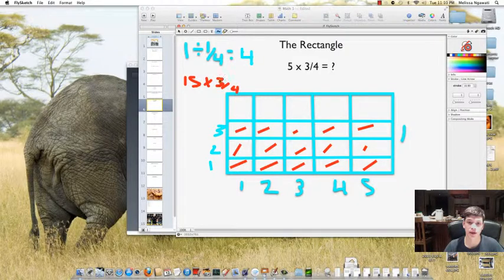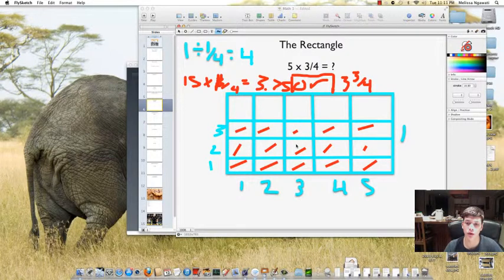15 times a quarter gives you 3.75, or 3 3/4.